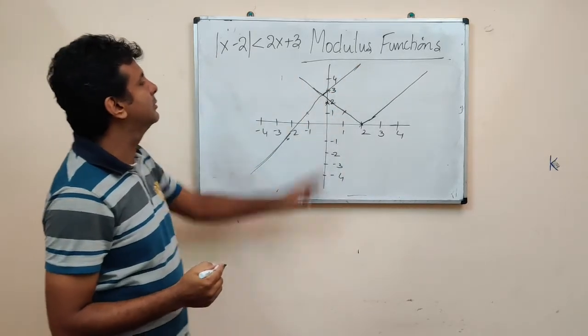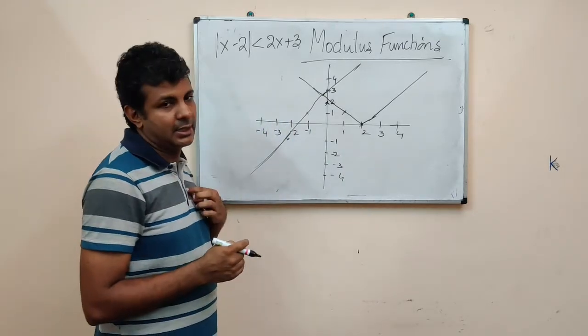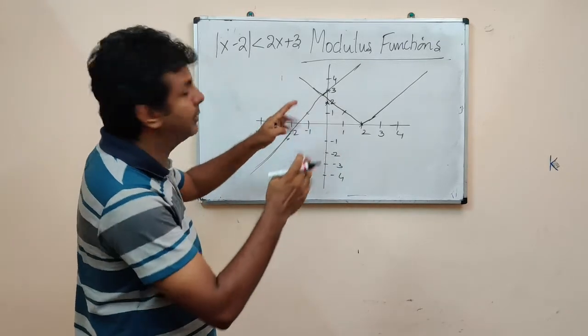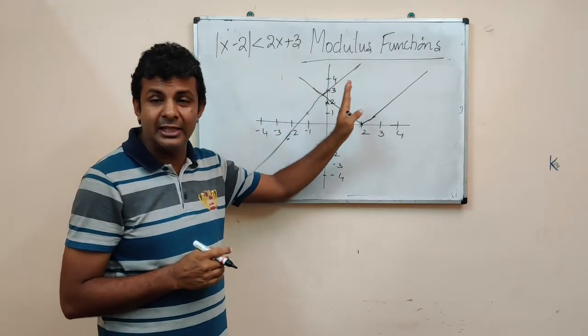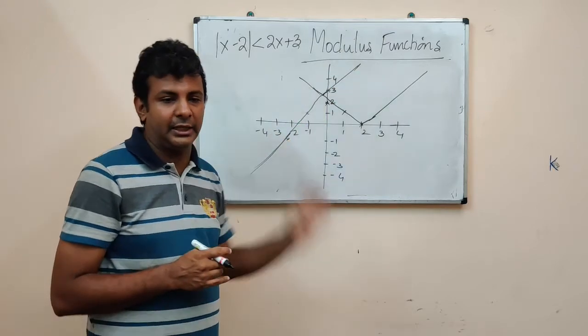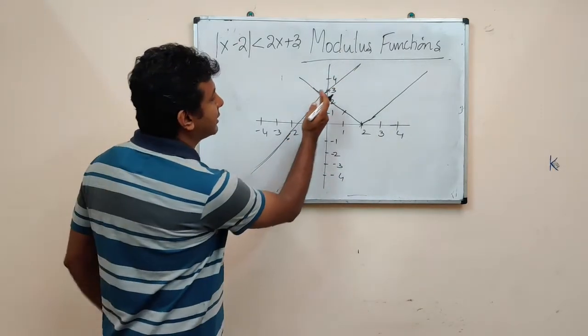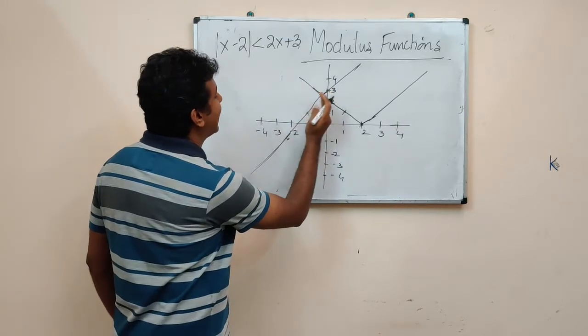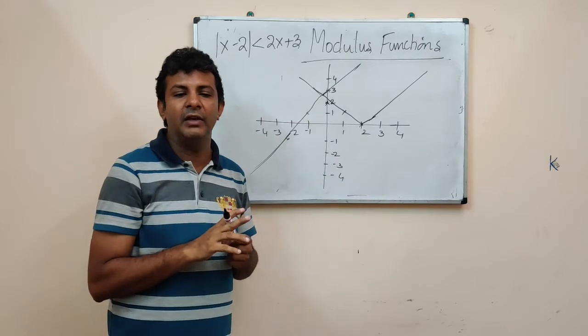Now these two lines basically join at this point, and that's called the intersection. And what will be the intersection? As we know, the intersection will be on the negative side of x.